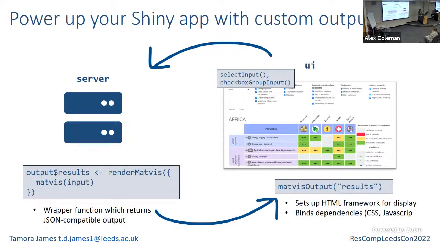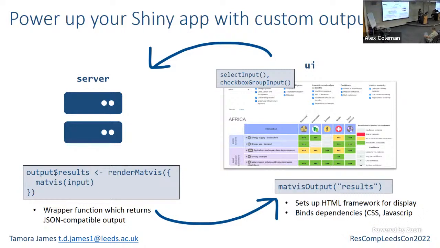So you can do this in Shiny with custom outputs, and it's a similar framework to what we saw in the simpler example. Again, in the user interface component, there's a bunch of inputs, form controls for manipulating the data, and then there's an output element.